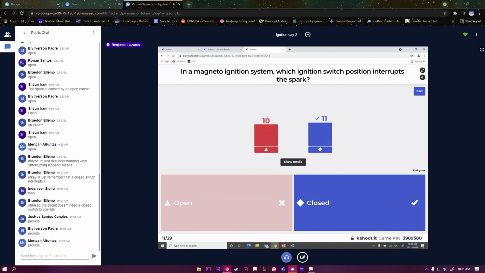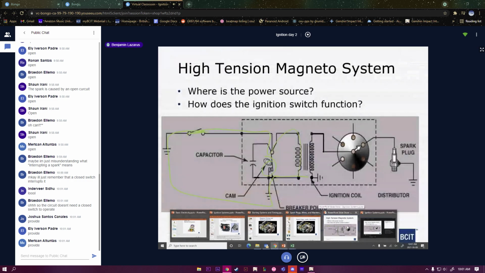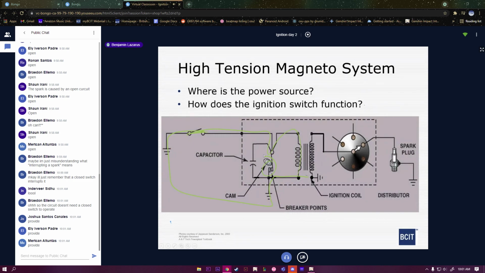Yeah. And here's another one where doing that drawing before you get into the test is really helpful, because as long as you understand this drawing, this is in the run position. This is a running magneto. This switch is open.